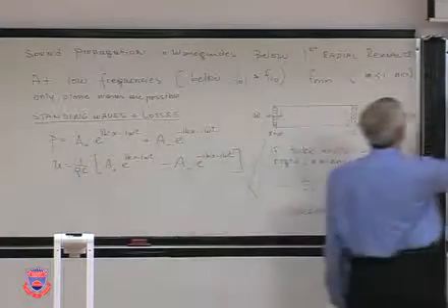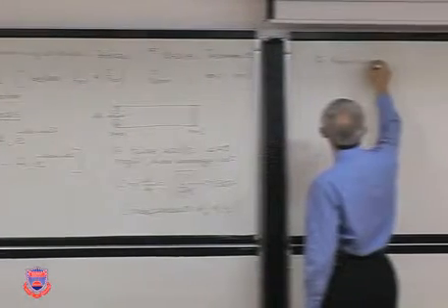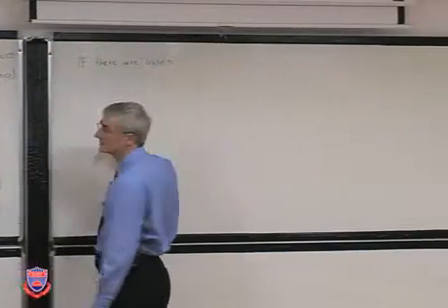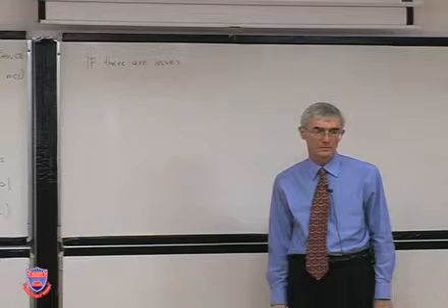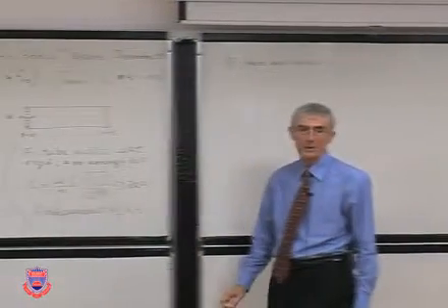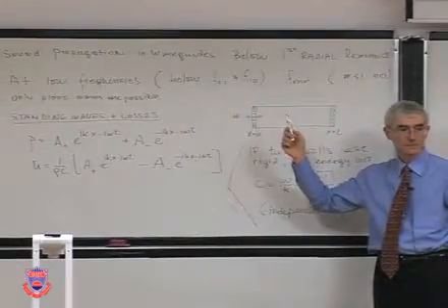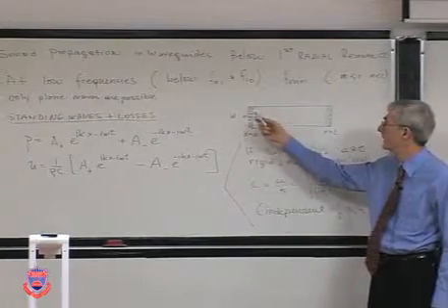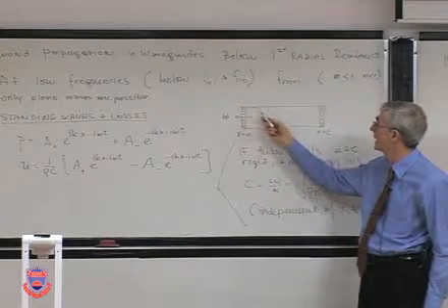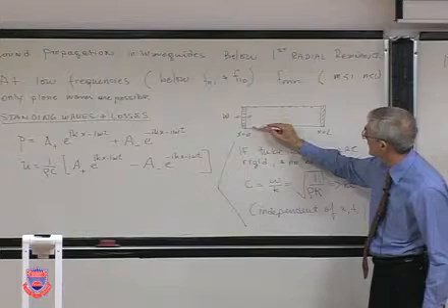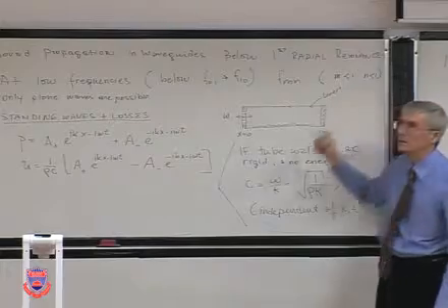But what happens if there are losses? How can there be losses? Write it down. If in this duct, and you will find this in air conditioning ducts, for example, I put acoustic tiles, what's called liners, soft material.